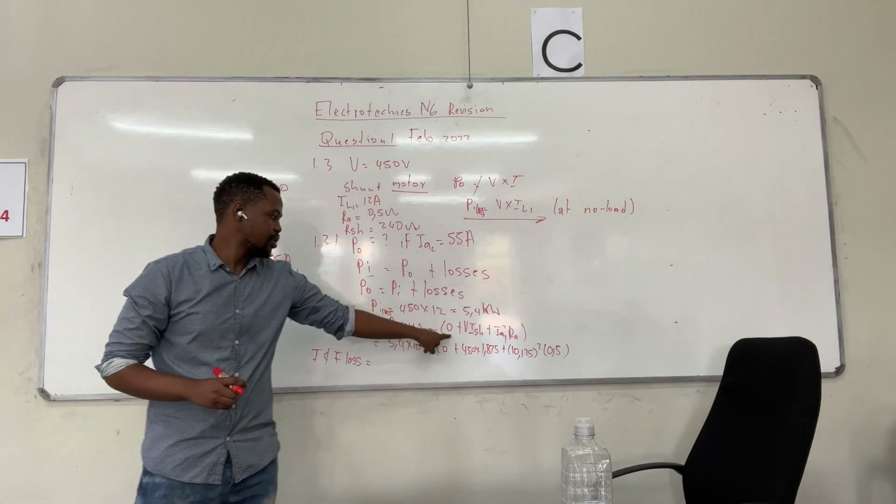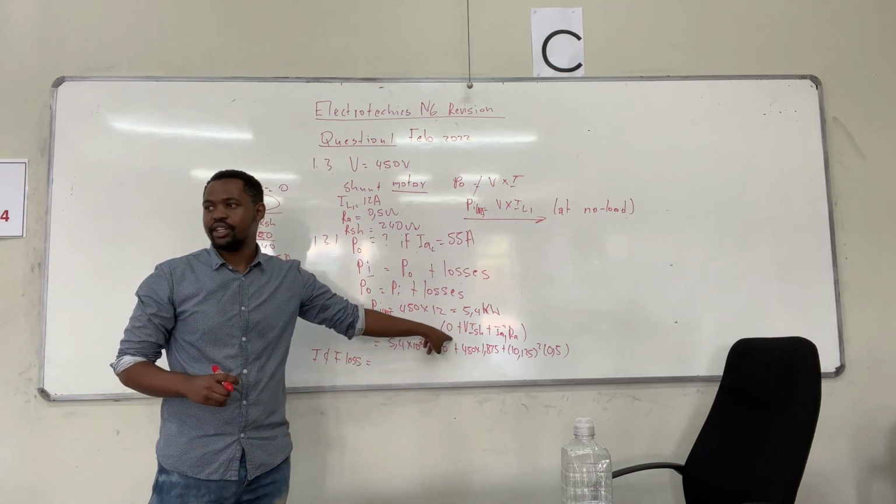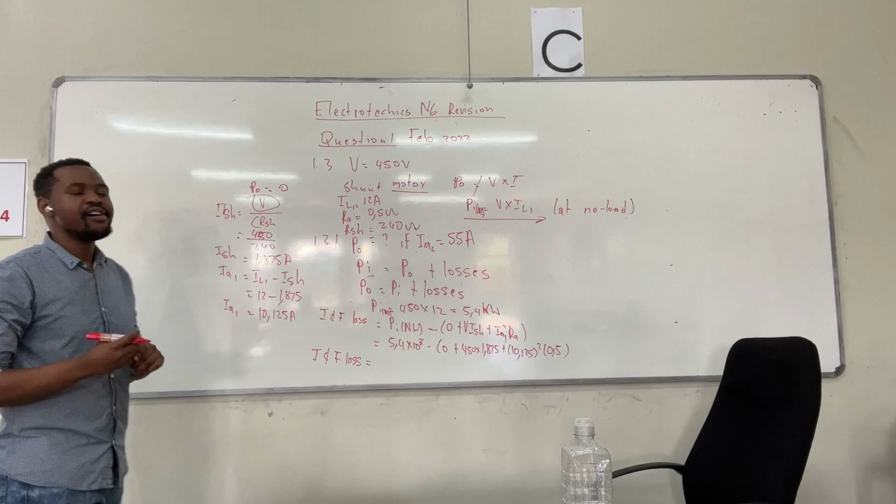Guys, the last zero in this formula represents power out.